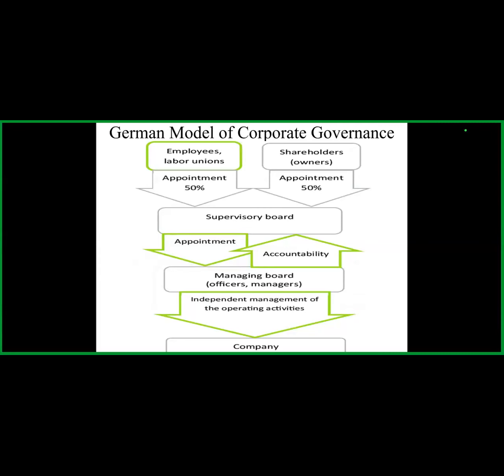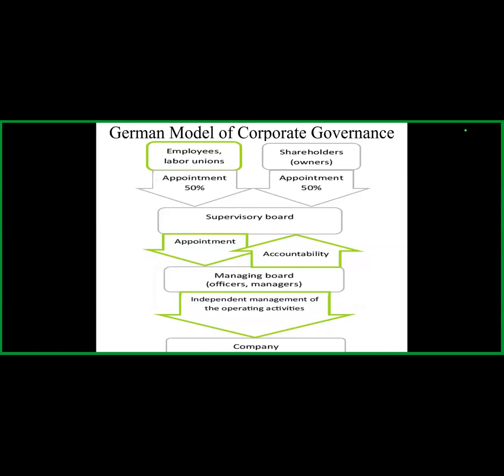Next, the supervisory board makes the appointment. Appointment of who? The managing board. Here, the managing board is the executive management of the organization, which is carrying out the day-to-day functioning of the organization. That body is called the managing board, or in India, it is called executive management.